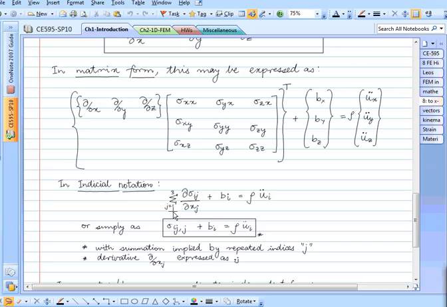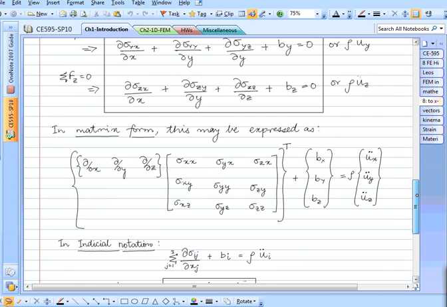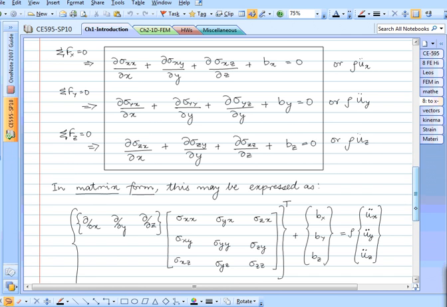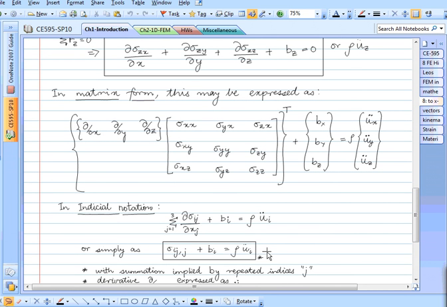In that shorthand notation, you omit this summation sign, and you assume that when the reader looks at this j and j, which is a repeated index, the reader will interpret this as being a sum on j. Okay? So if you do that, and you also denote this derivative, so this derivative del of del xj is just denoted as comma j. So this is a further shorthand notation about how to write all these three equations in just single shorthand notation. Okay? So this is just notation.